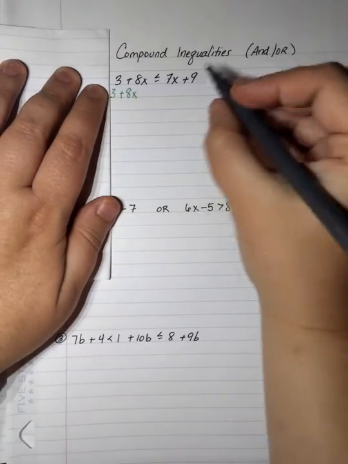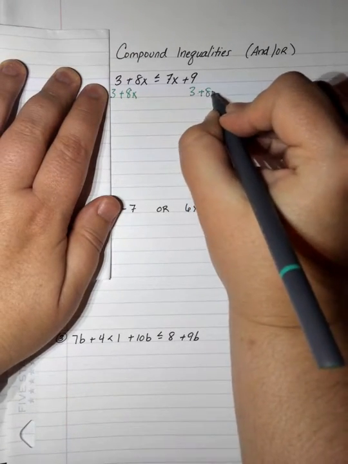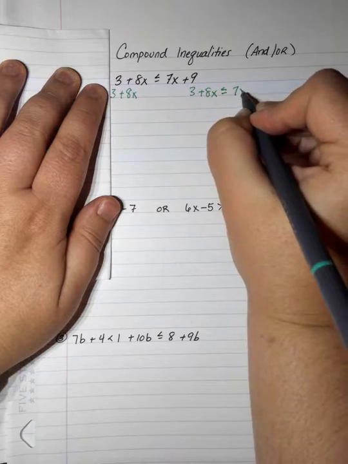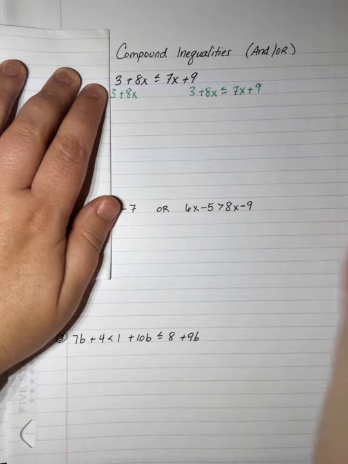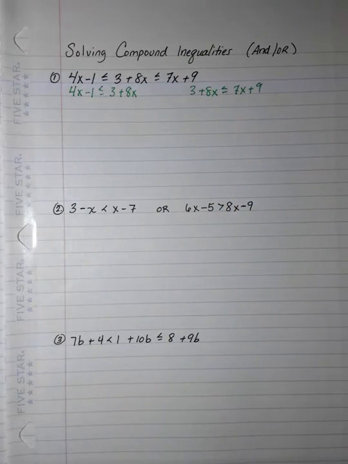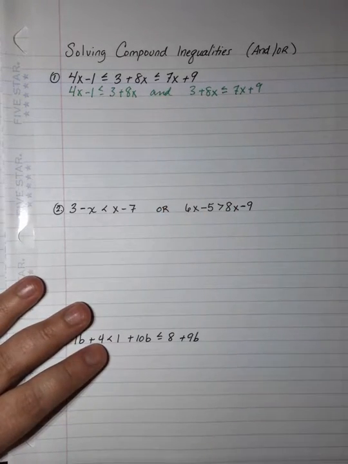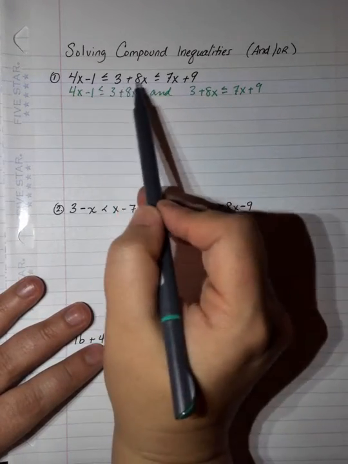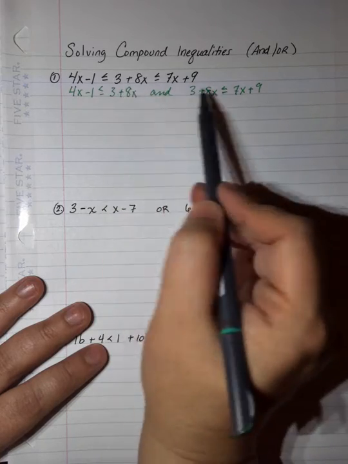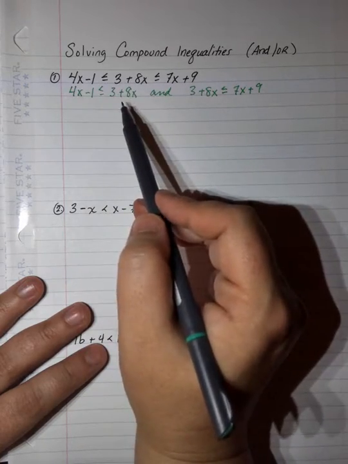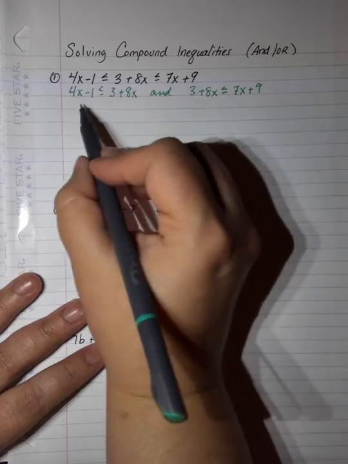Then I want to go over here and I want to hide this side, and notice how I get this inequality. So I have my two inequalities, and I'm going to write the word and in between because that's the two problems I have to solve. Okay. Notice how I took 3 plus 8x with both of them because that's what's in the middle, that's what they share. Then I just solve them both like just two normal inequalities.